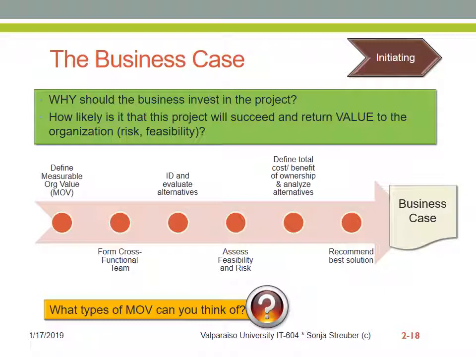We discussed how it is important to start each business case with a definition of the measurable organizational value, and then a cross-functional team will get to work to identify and evaluate alternatives, to assess the feasibility and the risk of each project that's on their docket, and then to define the total cost and benefit of ownership of each proposed project, and then analyze the alternatives and recommend the best solution. That leads us to the business case.